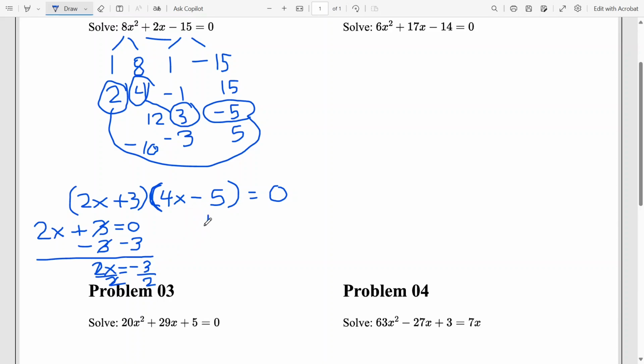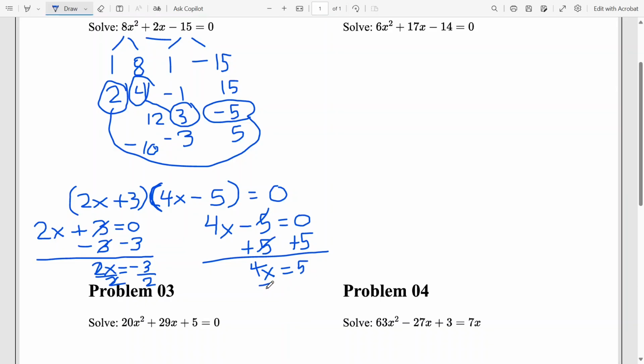I'm also going to set 4x minus 5 equal to 0. I'm going to add 5 to both sides here. And the 5 and the minus 5 are going to cancel out. I'm going to get 4x equals 5.